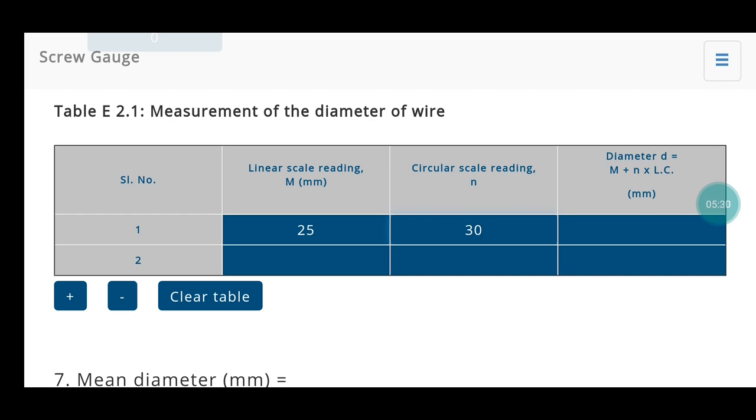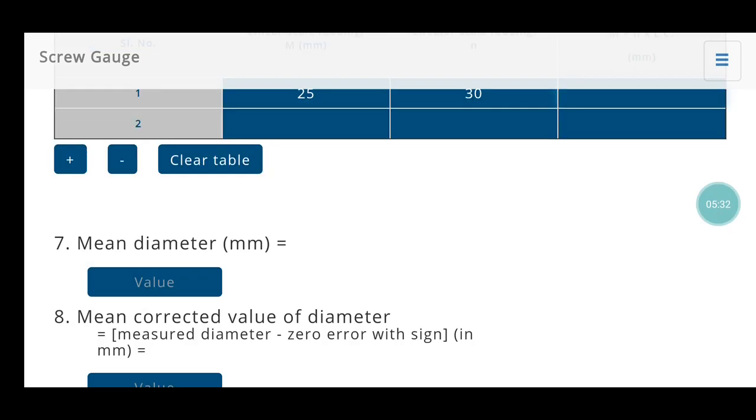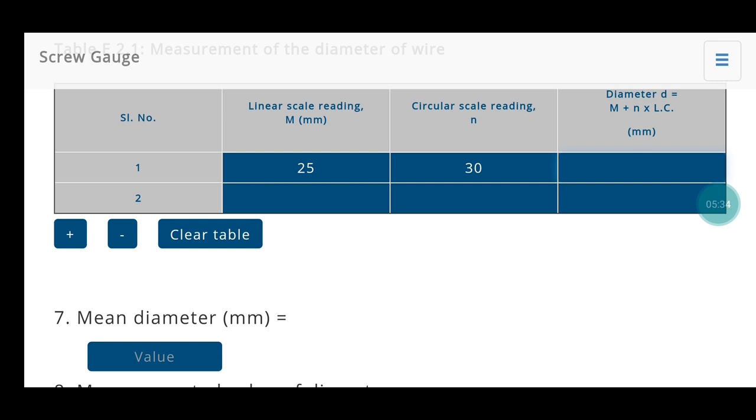Now we will calculate the diameter. The formula is the main scale reading plus the circular scale reading multiplied by the least count. So first you will multiply the circular scale reading with the least count.